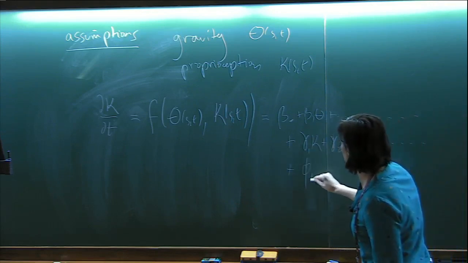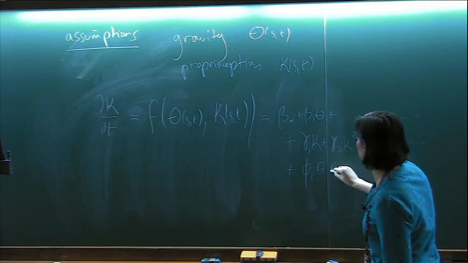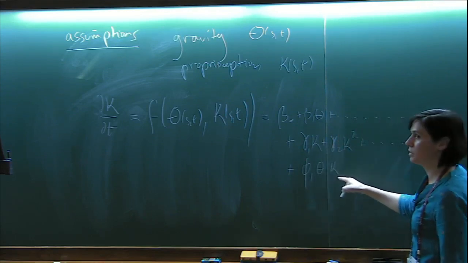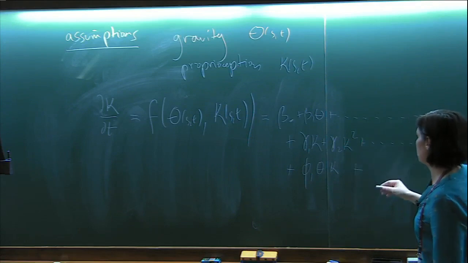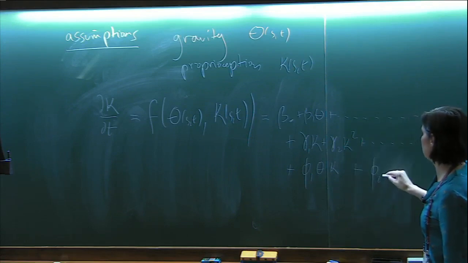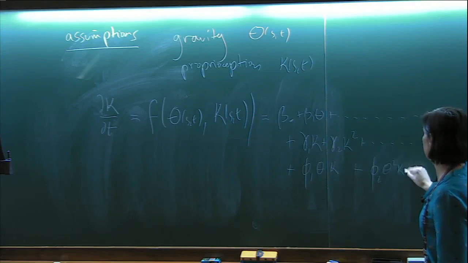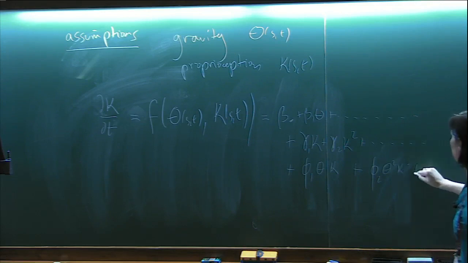So phi 1 theta kappa, just a multiplication of the two, and now third order, phi 2 theta squared kappa plus phi 3 theta kappa squared, and so on.